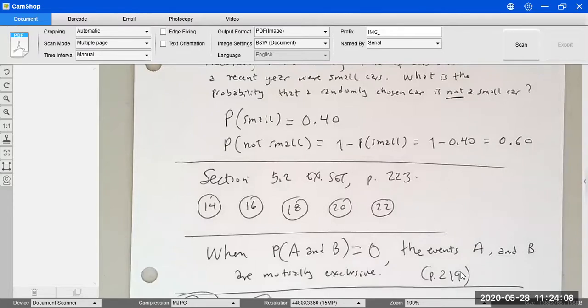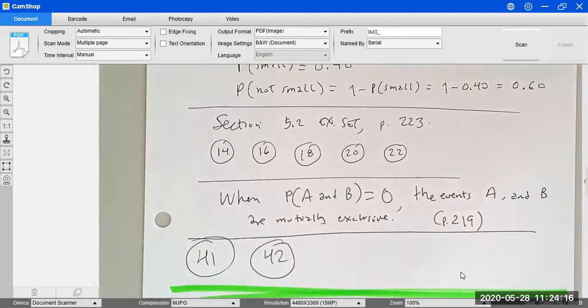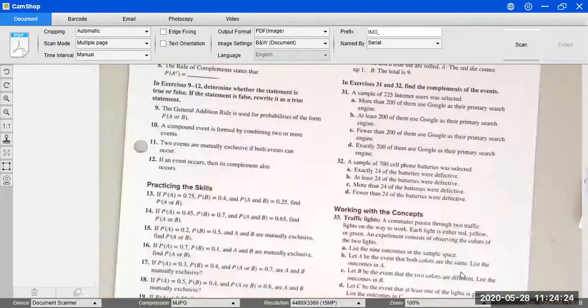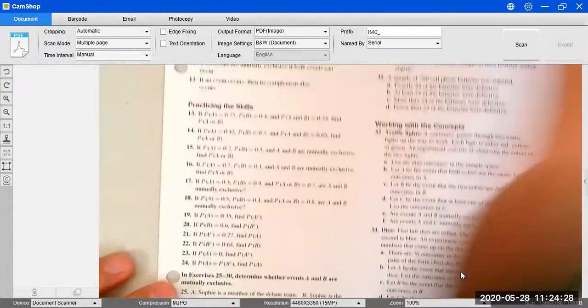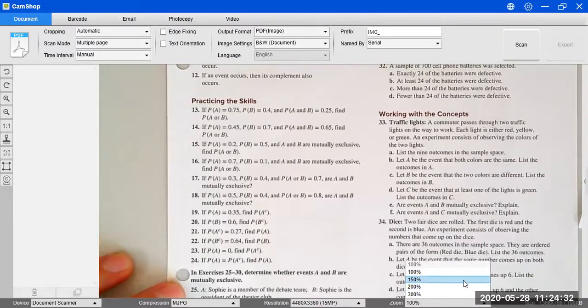The other two problems that you're going to solve are problems 41 and 42. I'm going to show you those problems. First, you're going to have problems 14 through 22, and you're going to apply the addition rule.